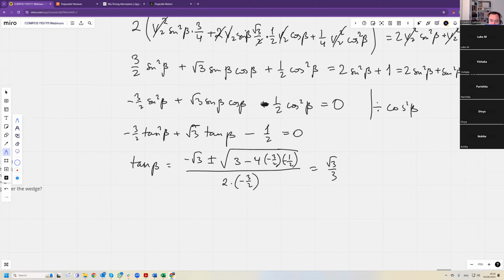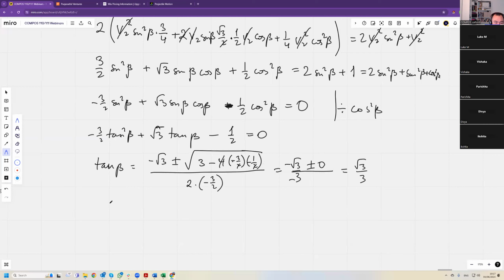Actually, yes, because the 4 cancels, and this is 3 minus 3. This is 0. So this is going to be minus square root of 3 plus minus 0, divided by minus 3, which is square root of 3 over 3. Right, so it does work. That means beta is 30 degrees. We found beta.